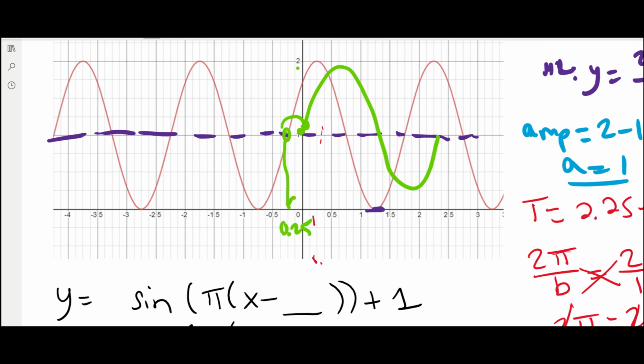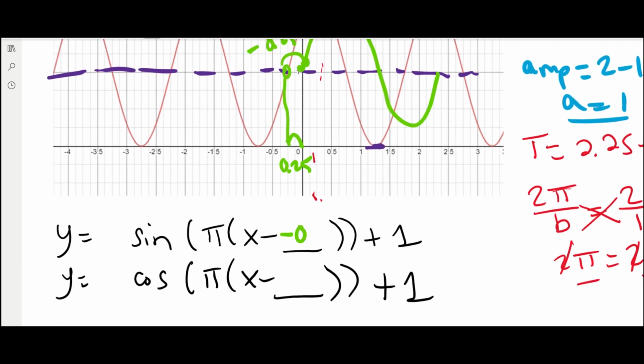So that means you got to move it from there to there, which is moving it by 0.25. All right, and I moved it to the right here, but remember I want to go from the green to the red, so it's really going to the left by 0.25. So that means my C is negative 0.25. All right, but of course you can use negative 0.25 or you can write it out as 1/4. And then again, 2 negatives is a positive. So I'm going to erase that and change it to a positive.